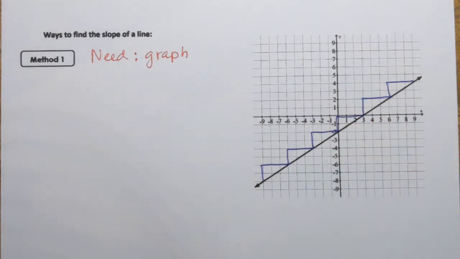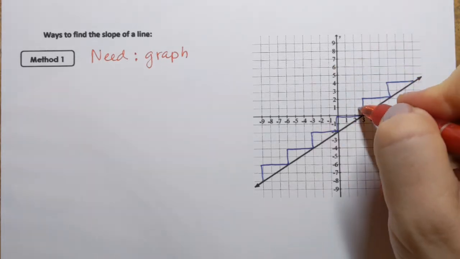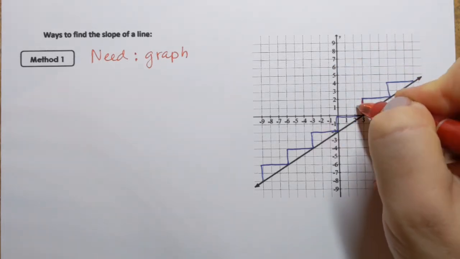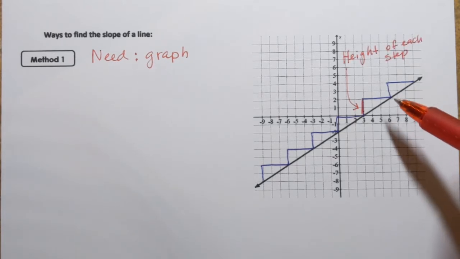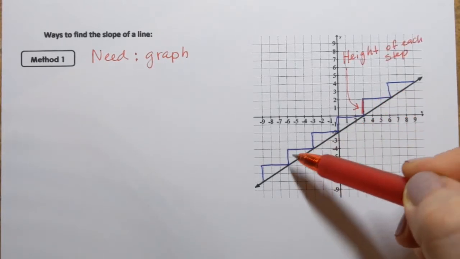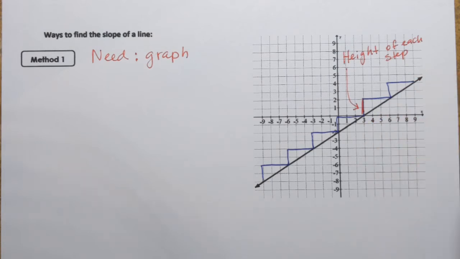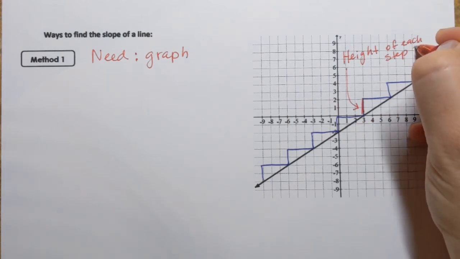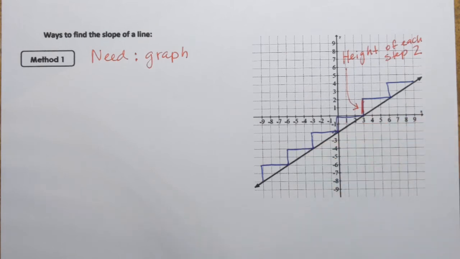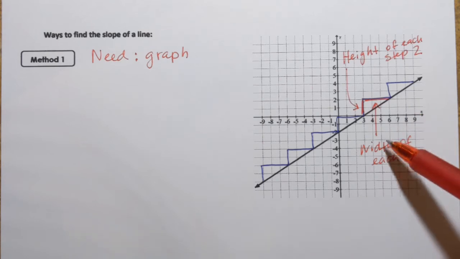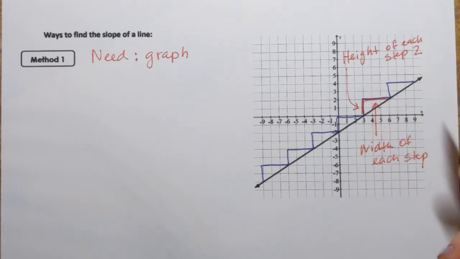So when I say height of the step, let me make some notes here. So right here, that is the height of the step. And by the way, that height is the same as we said for all steps, right? So that height is 2 in this case, 2 units, 1, 2. So I can see that for each step. Well, and what is the width? So the width is 1, 2, 3 units.